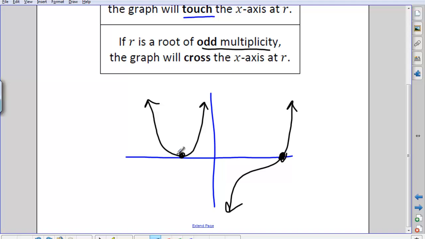So even multiplicity touches, odd multiplicity crosses. And you can really understand this pretty easily too if you think about x squared and x cubed, and the shapes of those square and cube functions. x squared is a parabola shape, x cubed is that S shape. Parabola touches, S shape crosses. So that's an easy way to keep those straight.